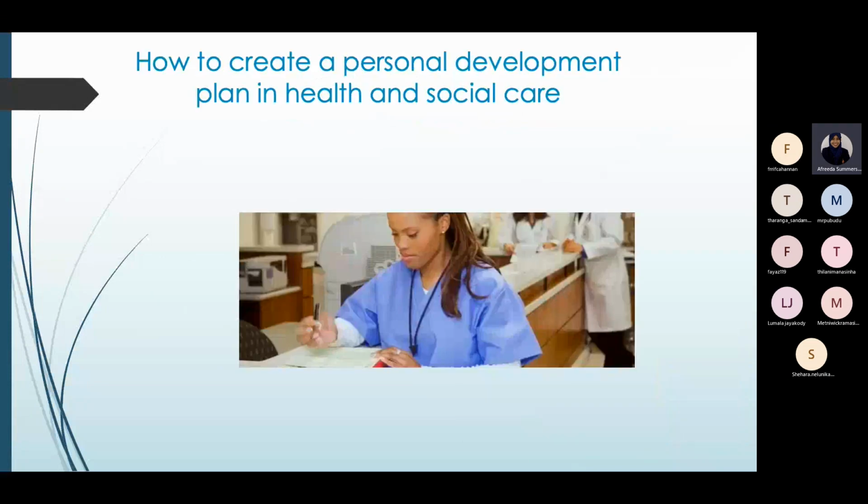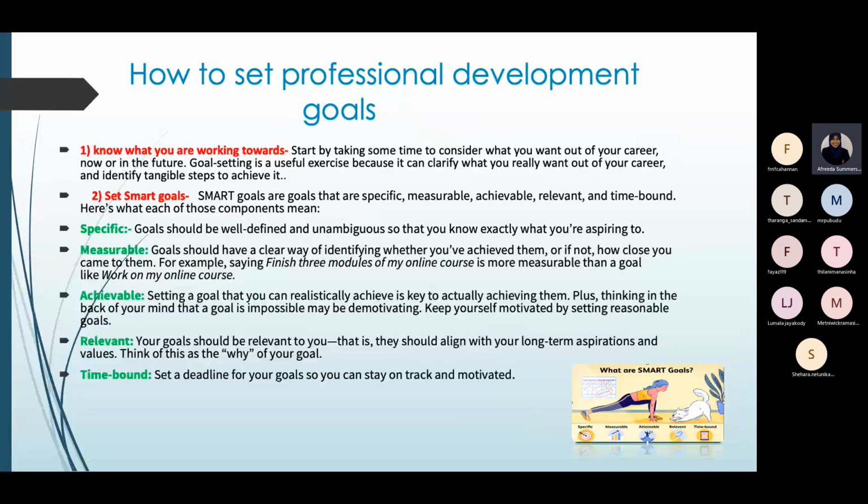So, for example, Rifka, what I want you to understand is when you are setting a SMART goal, you have to mention these 5 terms. But you can give an example related to the healthcare sector.